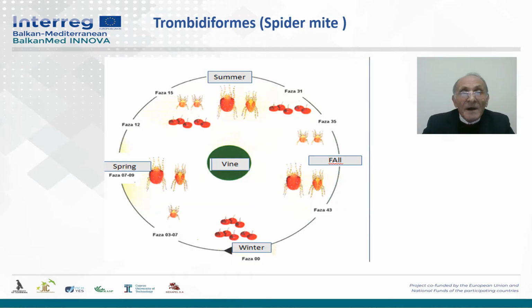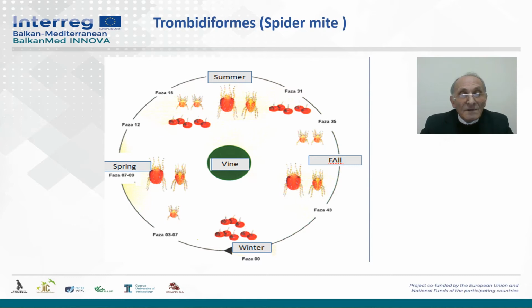Spider mite. We see here an example of the European spider mite in fruit trees. This is Panonychus ulmi. We can find it especially in the apple. This spider mite gives many generations within the year, and spends the winter as eggs on the branches.